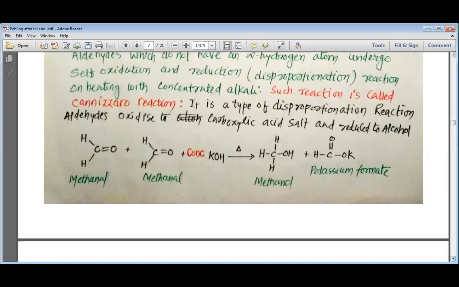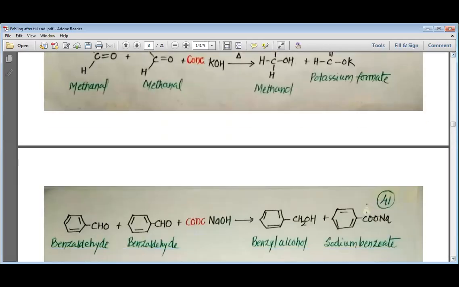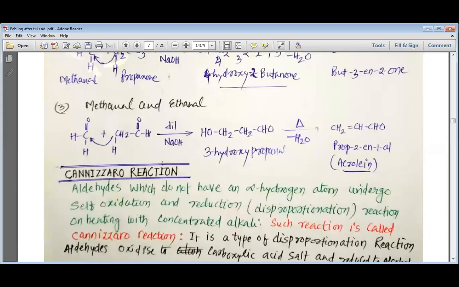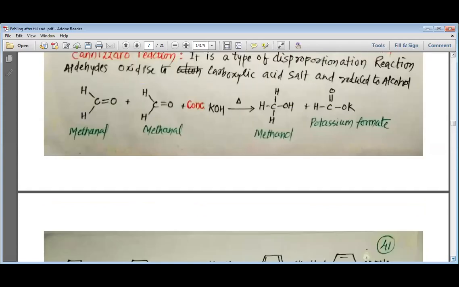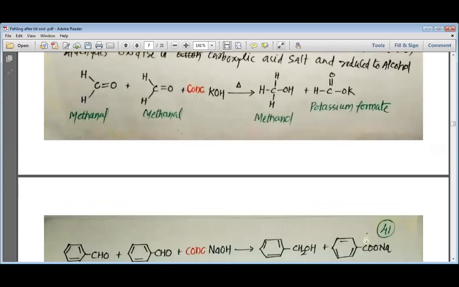If we study it for methanal, my dear students, you can see that two methanal molecules react with each other in the presence of concentrated KOH.